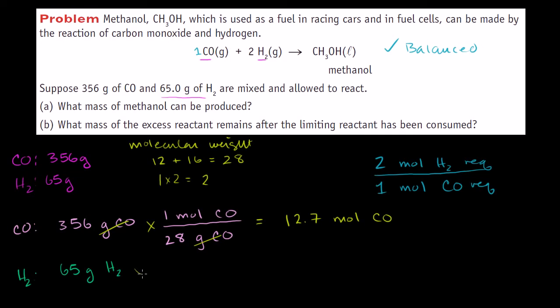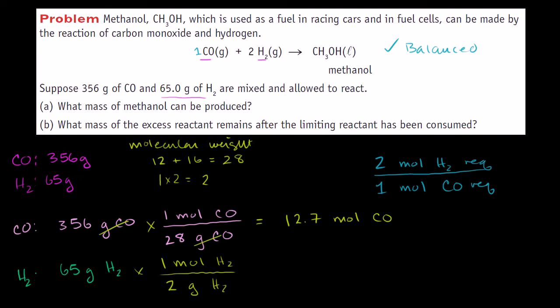So we're going to multiply it times the 1 mole of hydrogen, which is equal to how many grams? Well, we just figured out its molecular weight is 2. So a mole of it is going to have a mass of 2 grams. So you could view this as 2 grams per mole, or 1 mole per 2 grams. And we want the grams in the denominator, so it cancels out over here.